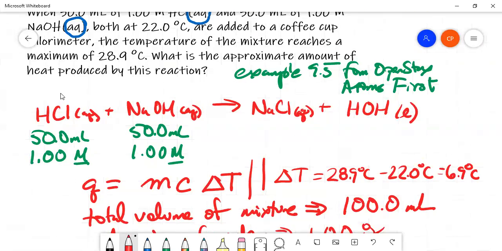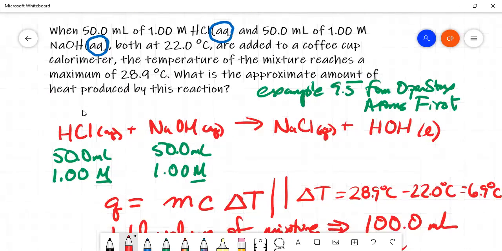I got one. I've just computed the amount of heat energy that was absorbed by the aqueous solution. It's absorbed by the water.